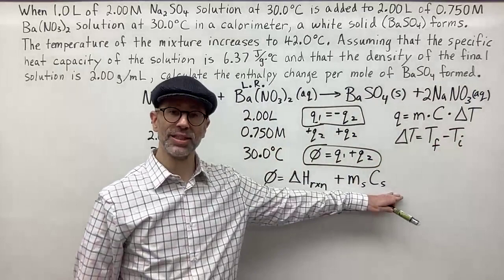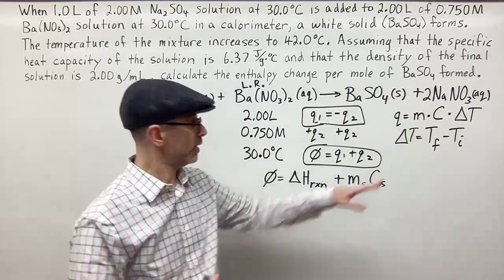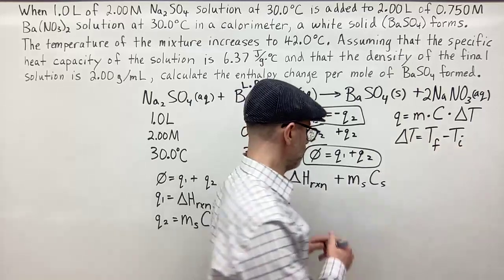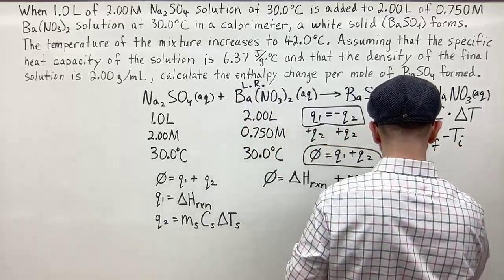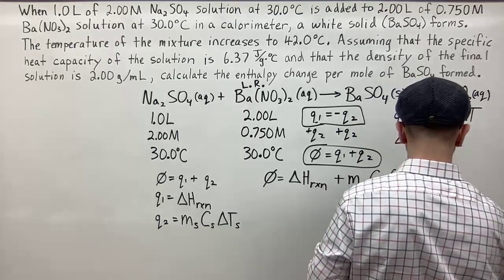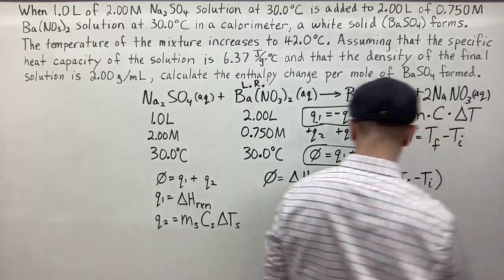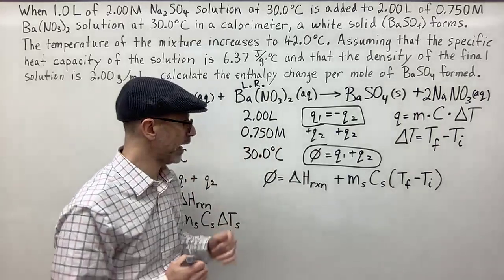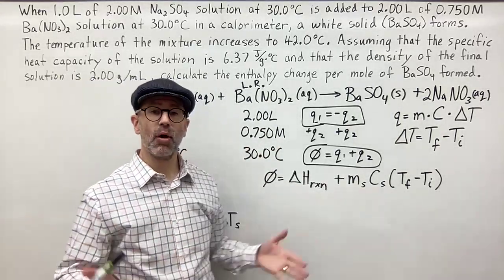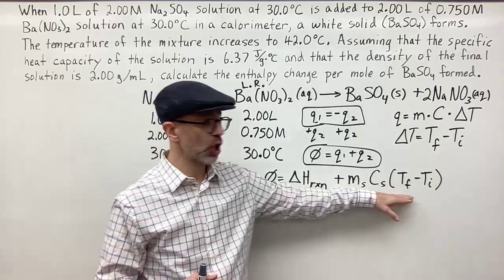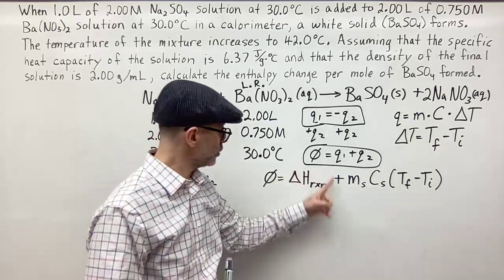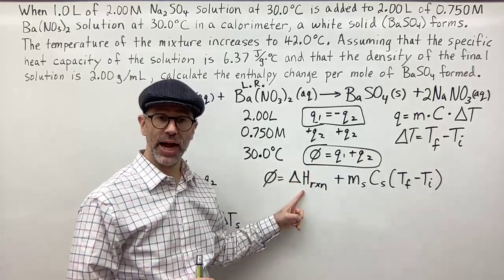But instead of delta T, I'm going to put in TF minus TI, final temperature minus initial temperature. Okay, so here's my equation. Now all I need to do is plug in everything and solve for the missing part. In this case, we're going to solve for the enthalpy of the reaction.